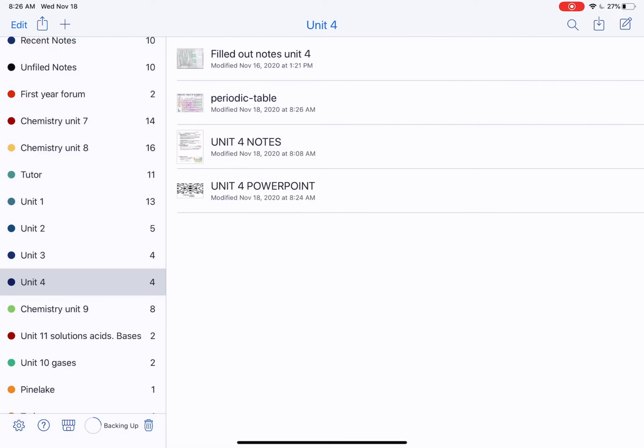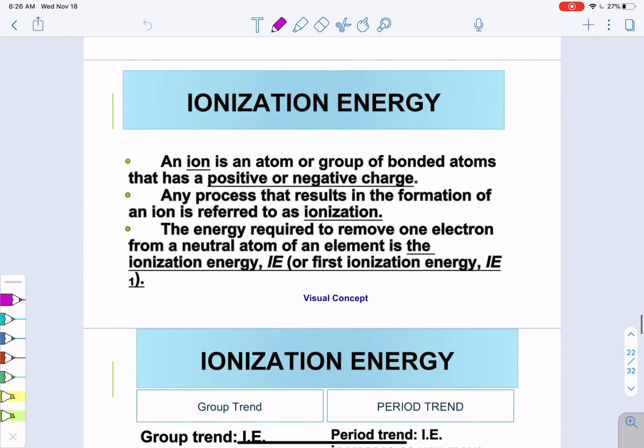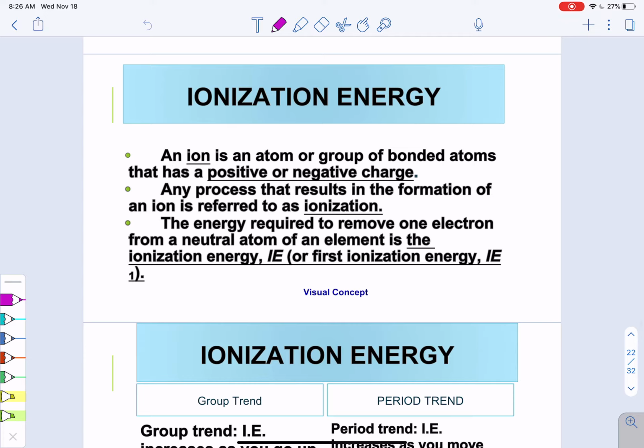Okay, so let's talk about ionization energy. Finally, I'm sorry, we had a lot to do to get around to it. So an ion is an atom or a group of bonded atoms that has a positive or negative charge. So an ion has an overall positive or negative charge. Any process that results in the formation of an ion is referred to as ionization.